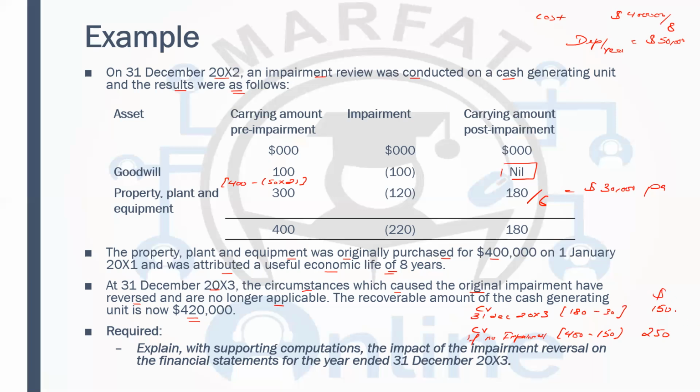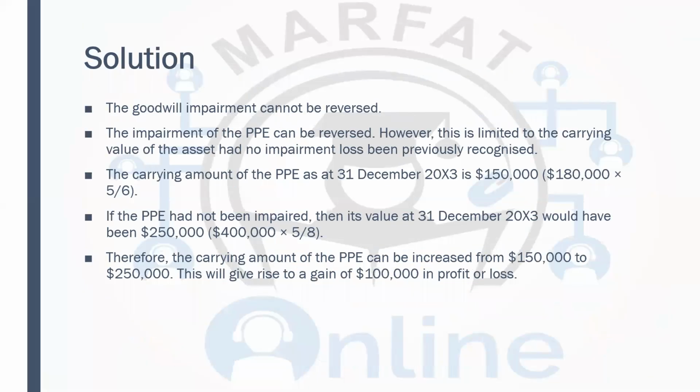Now that means you can only record the reversal of 100. So what you're going to do is debit asset by 100 and credit profit or loss by 100. This is how you're going to record the reversal of an impairment loss. So the gain of 100,000 should be recorded.